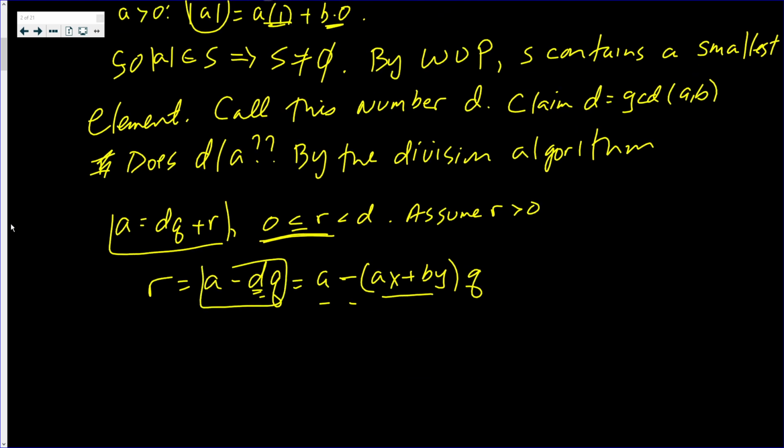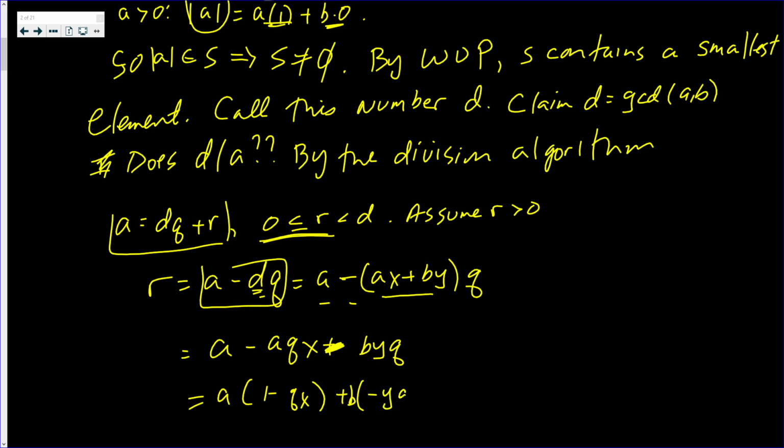Now, working this out a little bit, it's A minus AQX minus BYQ. Well, this is A times (1 minus QX) plus B times negative YQ.